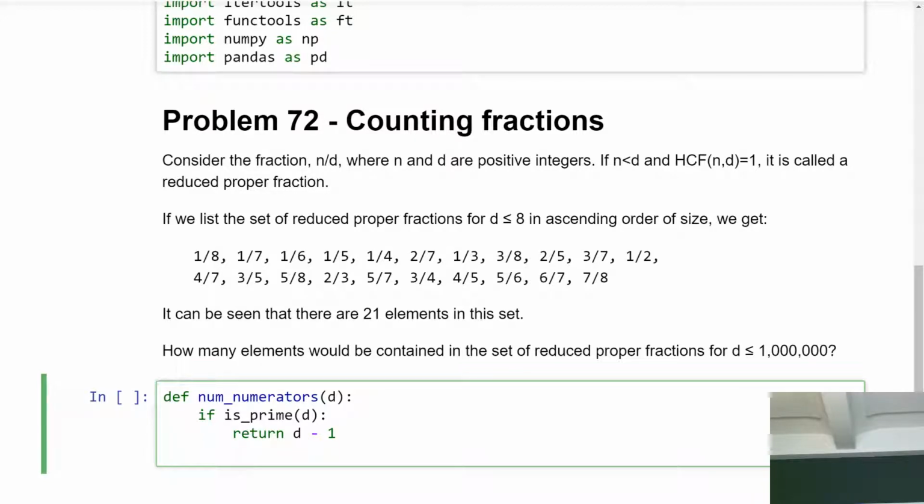For 30, wait, yeah. This is 15 divisors of 30. No, 15 left in the series of 30.